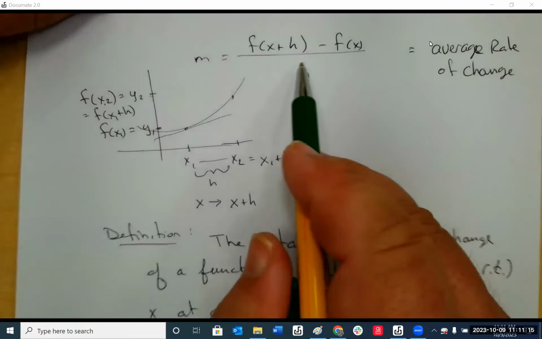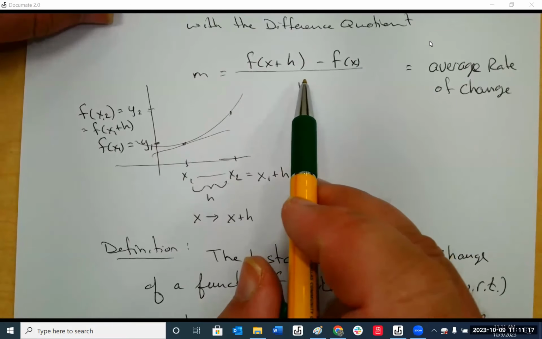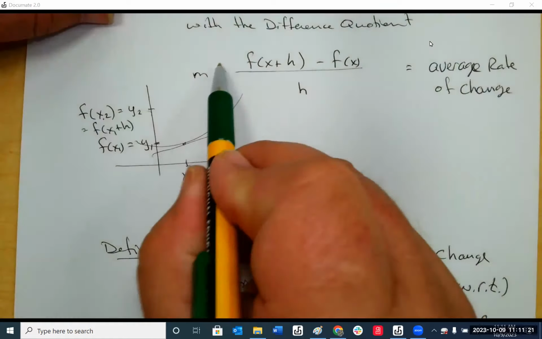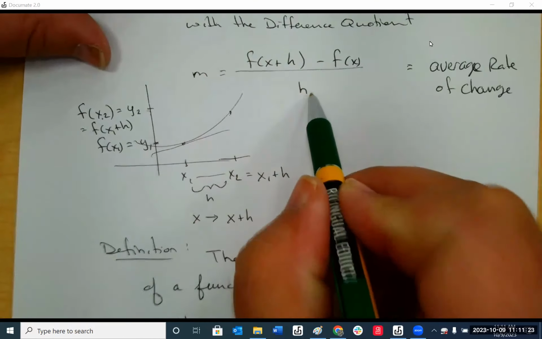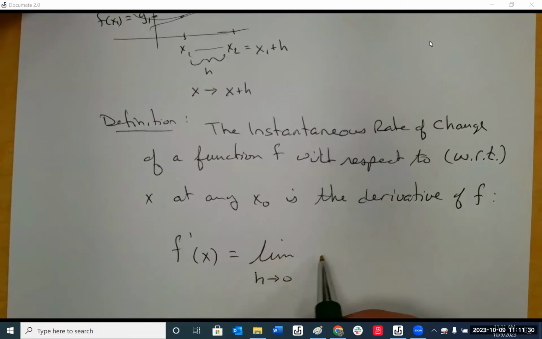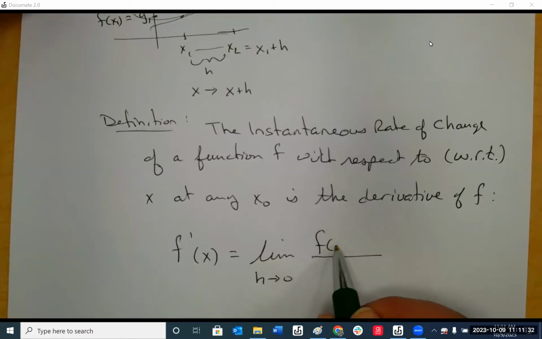So if the average rate of change was the difference quotient, then when we add up all the pieces and set h equal to 0, now we have our limit, as h goes to 0 of our function.